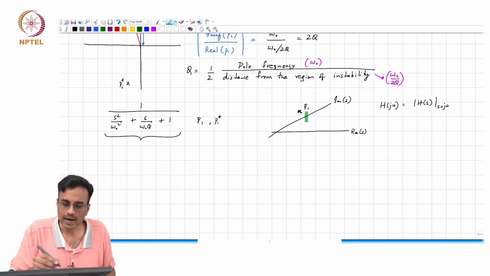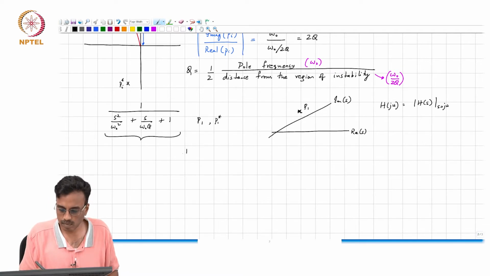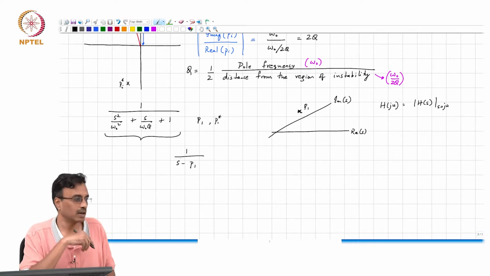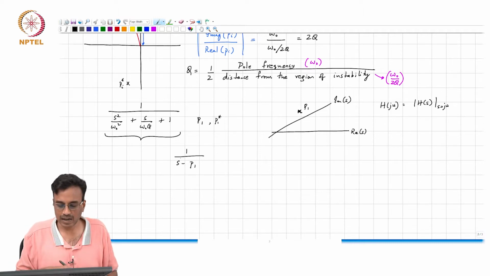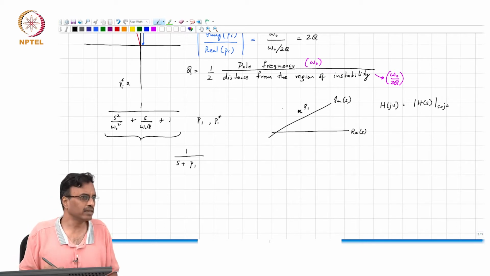So, remember this from pole-zero plots in your networks and systems class or electric circuits and networks class. If you had a transfer function and you want to evaluate H of j omega at some s, what would you do? Is this familiar to you guys?